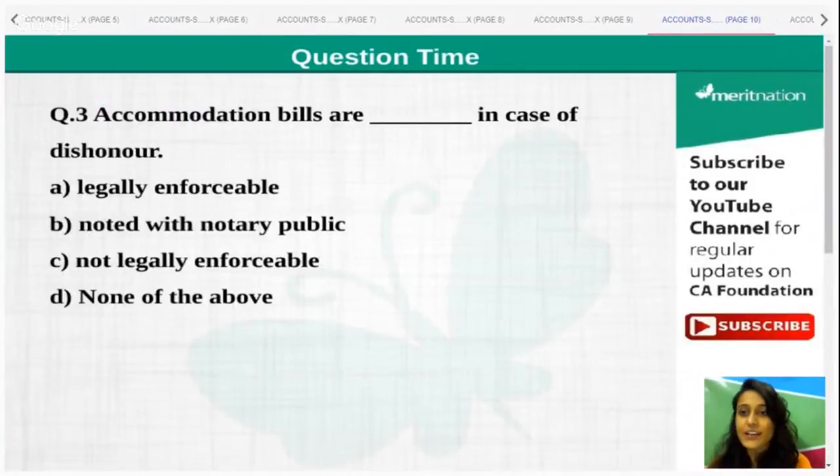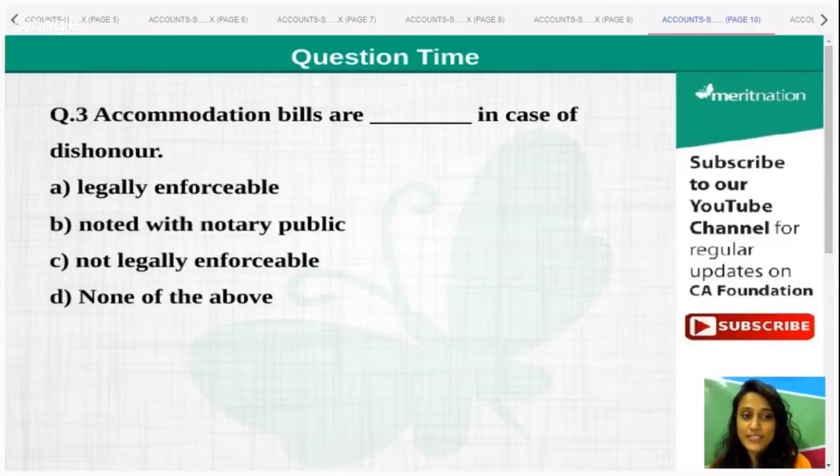Well done. Question number three, accommodation bills are dash in case of dishonor. Now, this is a tricky one. Let me see who gives me the right answer and the first right answer. A, legally enforceable. B, noted with notary public. C, not legally enforceable. D, none of the above.